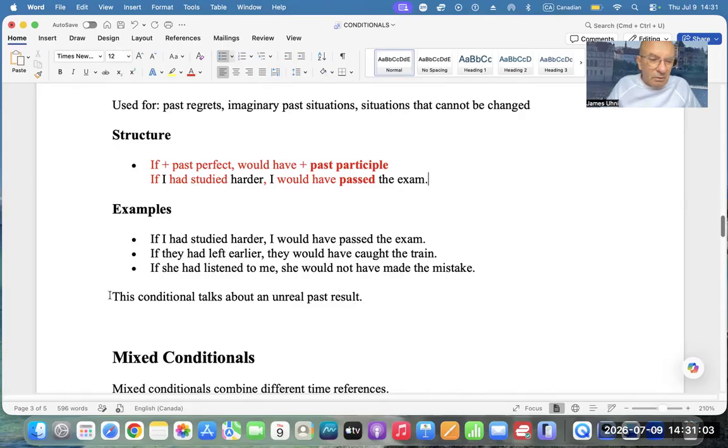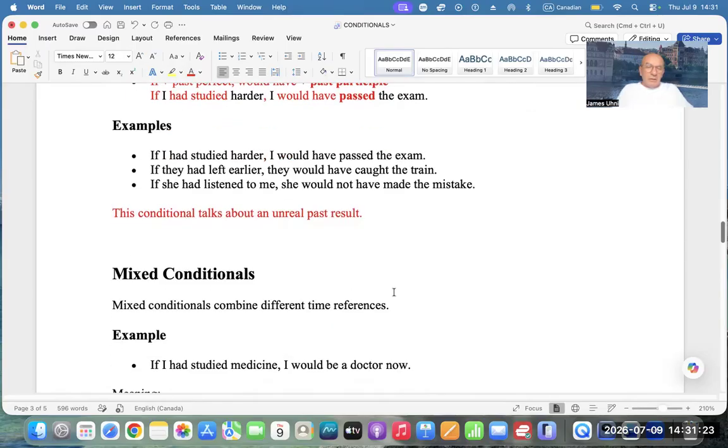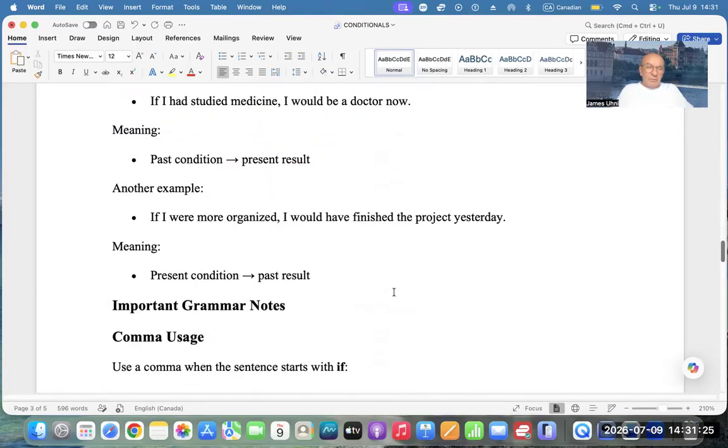Oops. So let's go over here and I will explain it in red. Again, conditionals are not easy to understand. Once again, once you start learning them in school, learn one by one as it is explained in your textbook. It is very important.